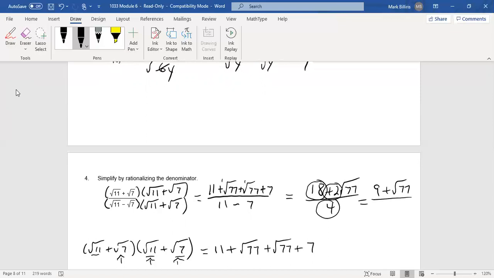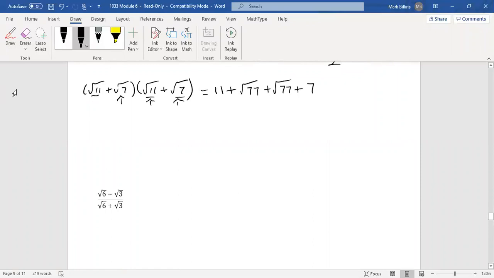And 4 divided by 2 is 2. So again, since 2 divides into all three of the coefficients, we divide out 2, 1, and 9. So our final answer is 9 plus the square root of 77 over 2.